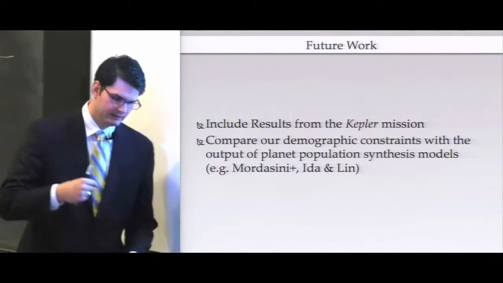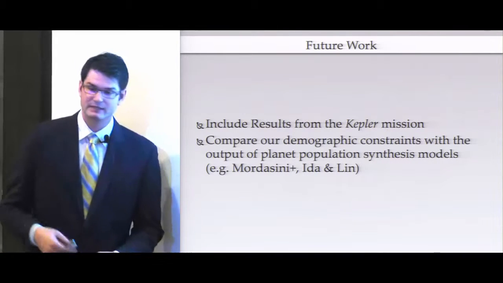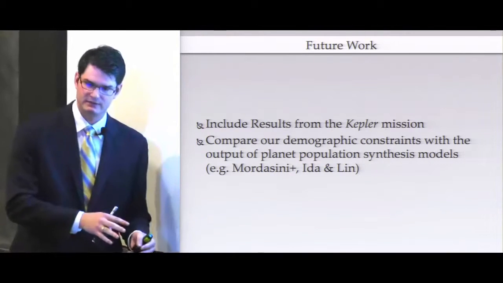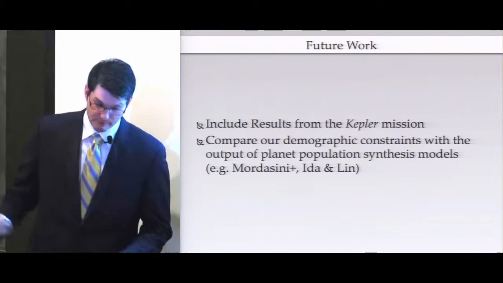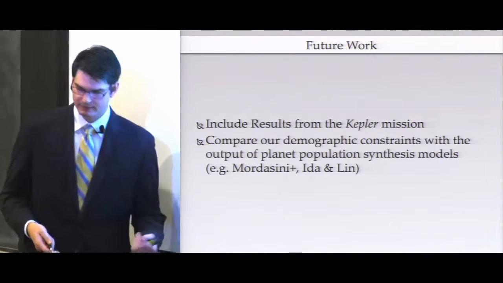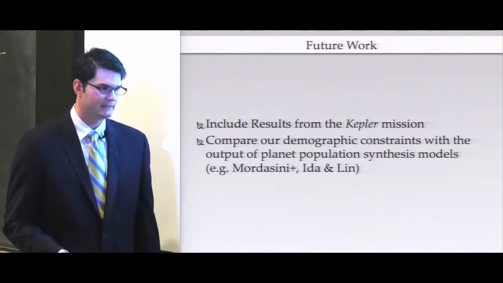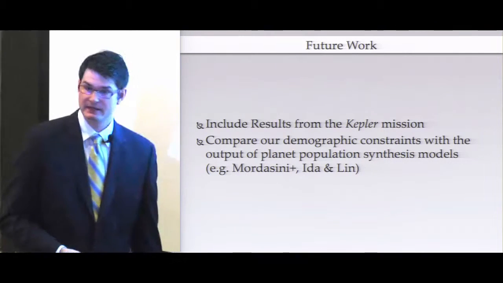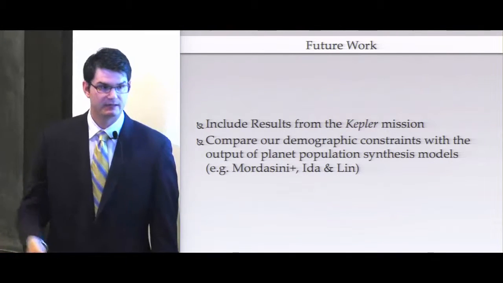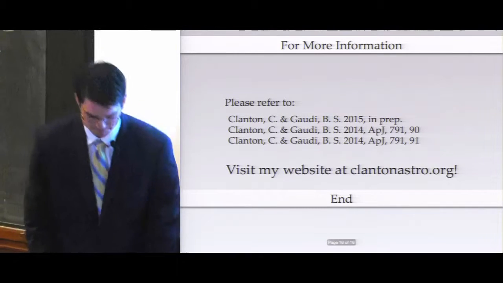However, as we've seen throughout the week, changes in the input physics to these planet population synthesis models affect not only limited regions of the parameter space, but in fact, much or even all of this parameter space that is covered by all of these different surveys. And so the only way to develop truly comprehensive and observationally constrained planet population synthesis models is to combine their results and compare with those combinations. Thank you.